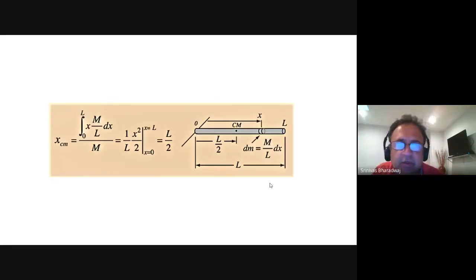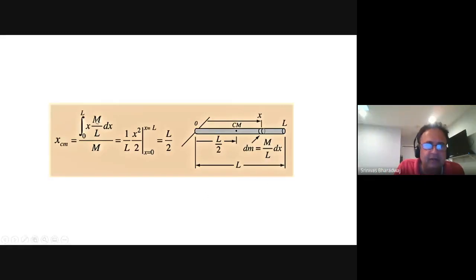Now he is doing the same for a uniform long rod. For a uniform long rod, the center of mass will be at the center of the rod. But then if it was a tapering rod, that is, it expanded like that, then your x dm is this.